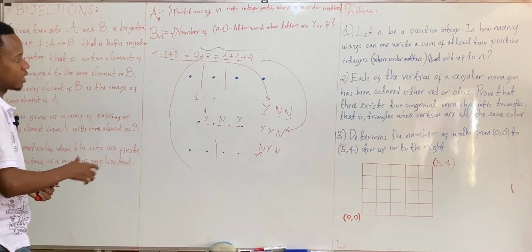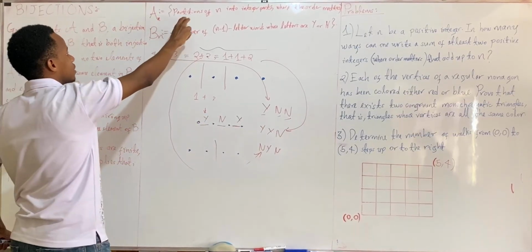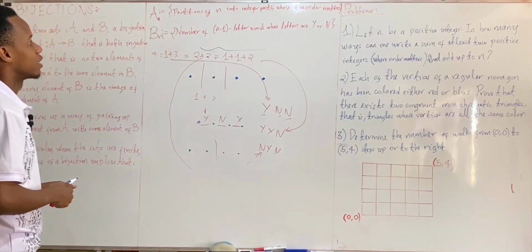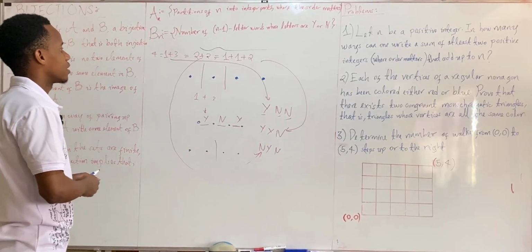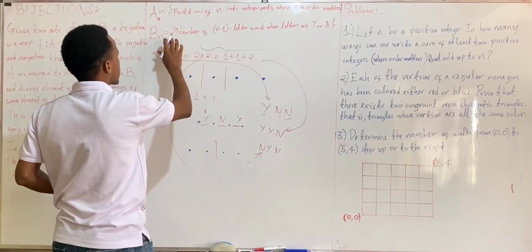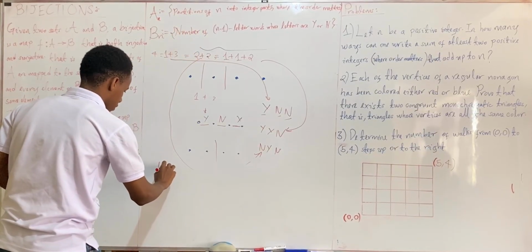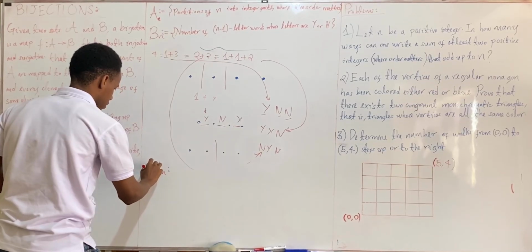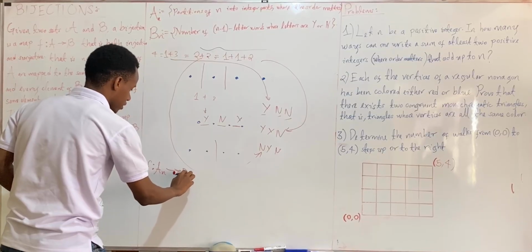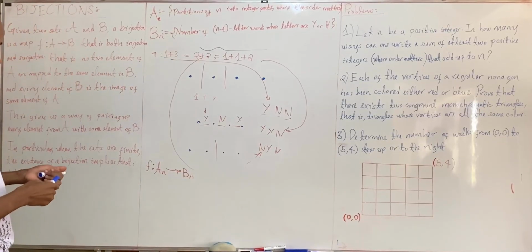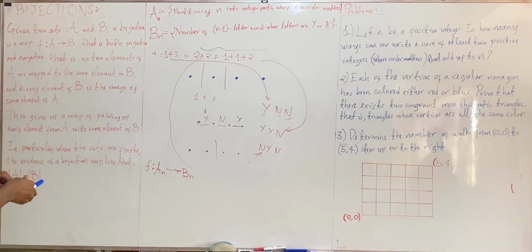So in this case, as in the case when n equals 4, we can find a function from An into Bn, like we described in this example, in such a way that it is both injective and surjective.